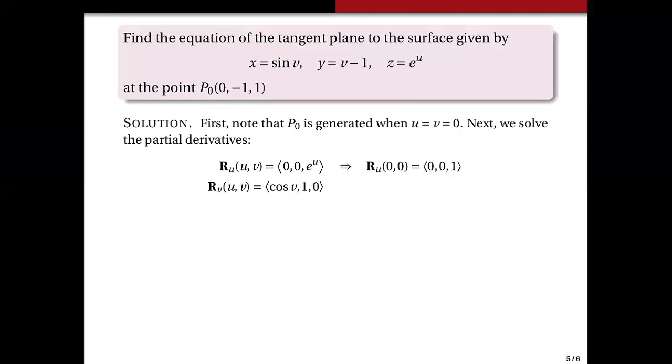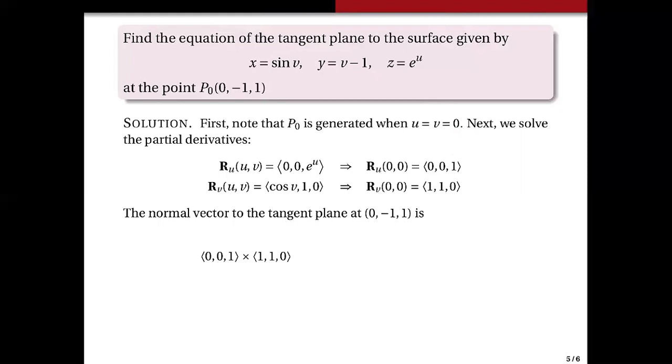Evaluated at u equals 0, v equals 0, we'll just have the vector 1, 1, 0. And then we get the cross product of these two to get the normal vector to the plane at this point, 0, negative 1, 1.